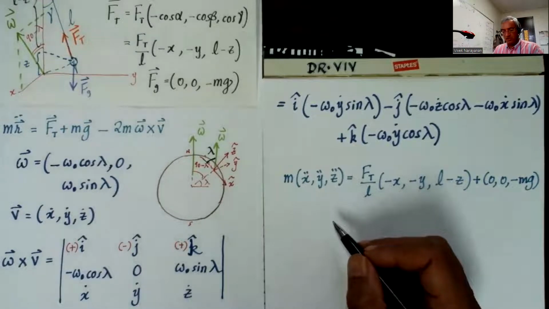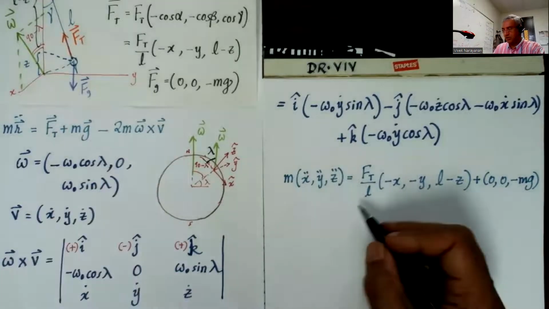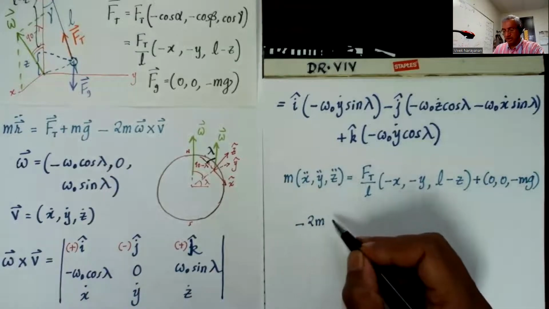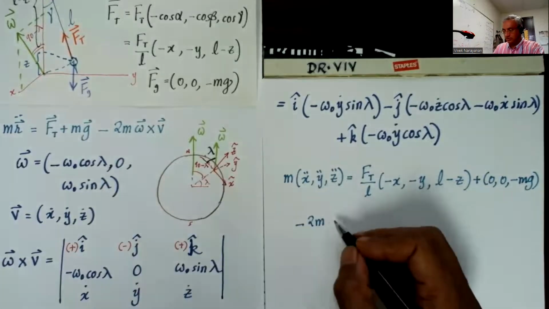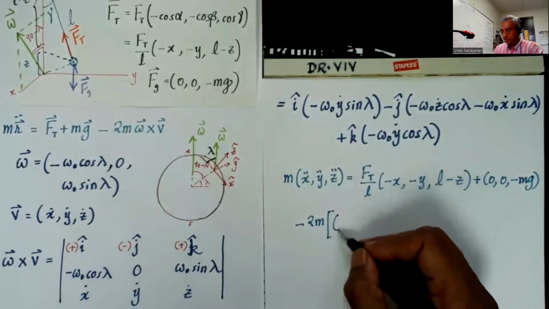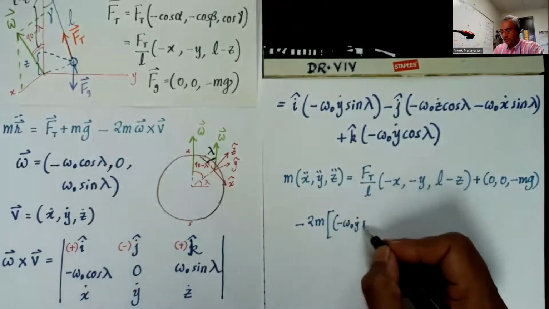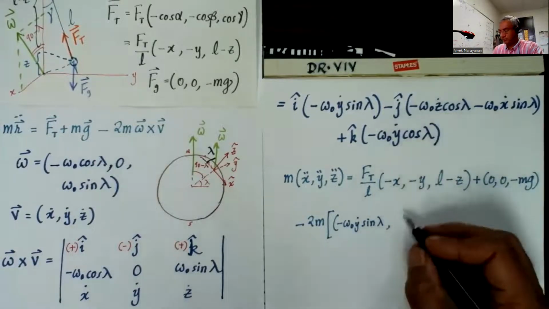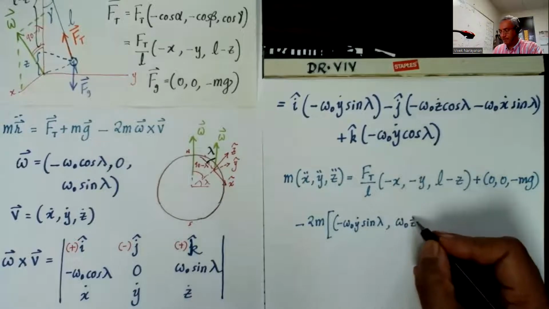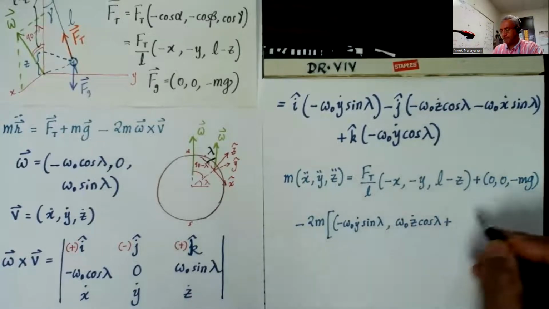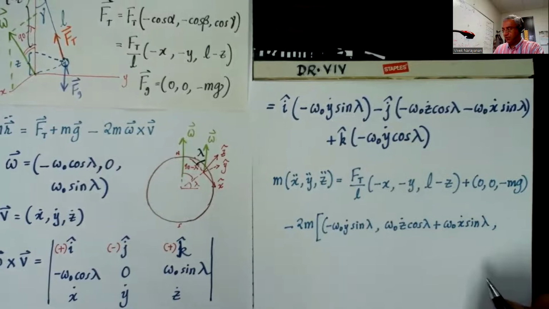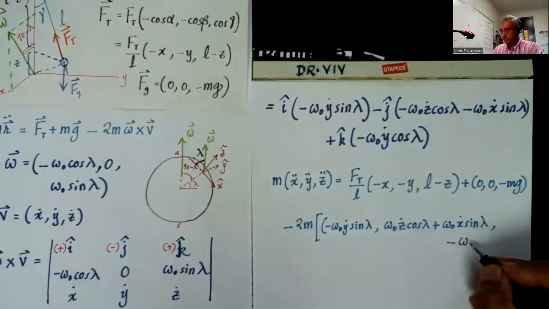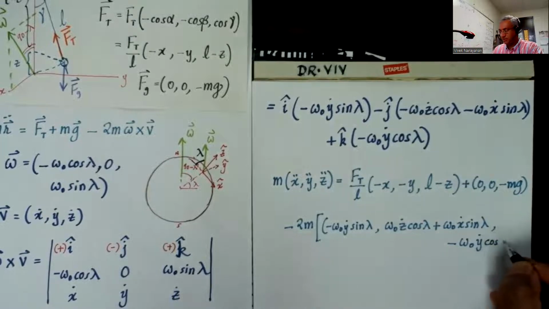And then that term. So that's negative 2m times omega cross v, which I have here. So I'm going to write it as ordered pairs, minus omega naught y dot sine lambda. There's a minus of a minus, so that all becomes plus. And the z component is negative omega naught y dot cosine lambda.